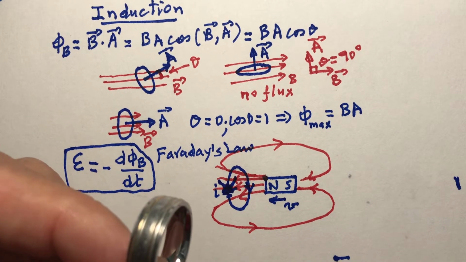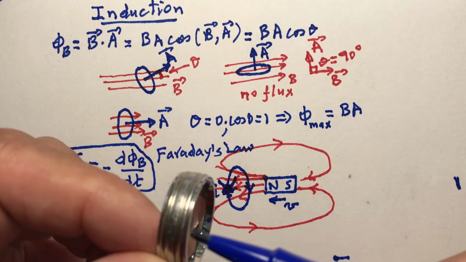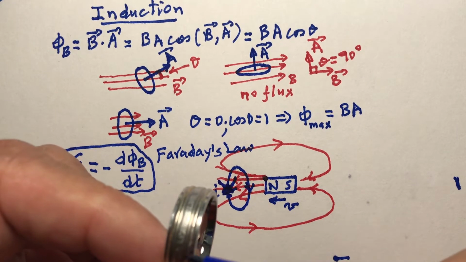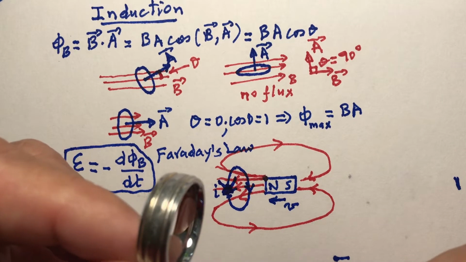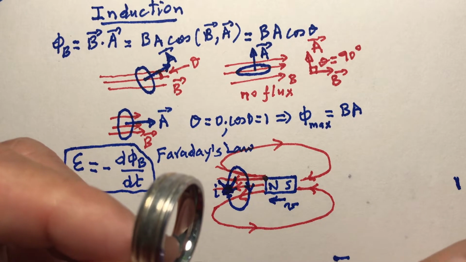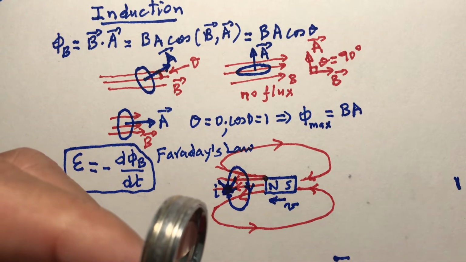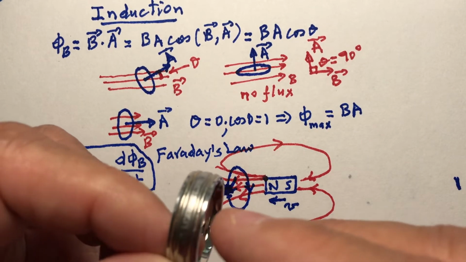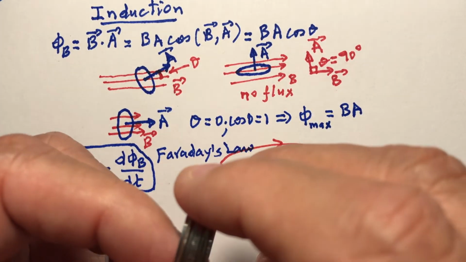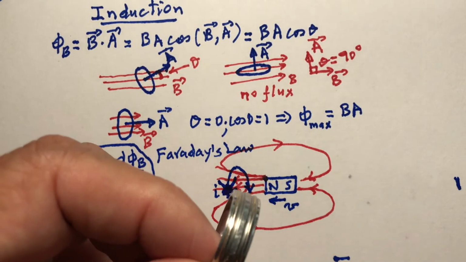So the current is gonna come down. It's coming down this way. It's coming down like that, and it's going like this. Now why? You see, this current is gonna generate a magnetic field of its own. So my fingers, you see, are gonna go down with the magnetic field.